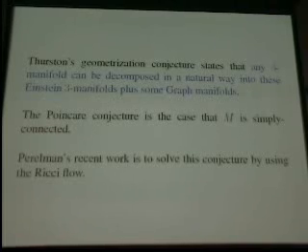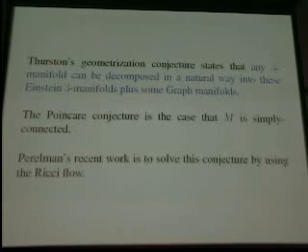I have no intention to define what graph manifolds are now, but they are just the manifolds whose topology was well understood, for maybe 40 years. The Poincaré conjecture is just the case that M is simply connected.